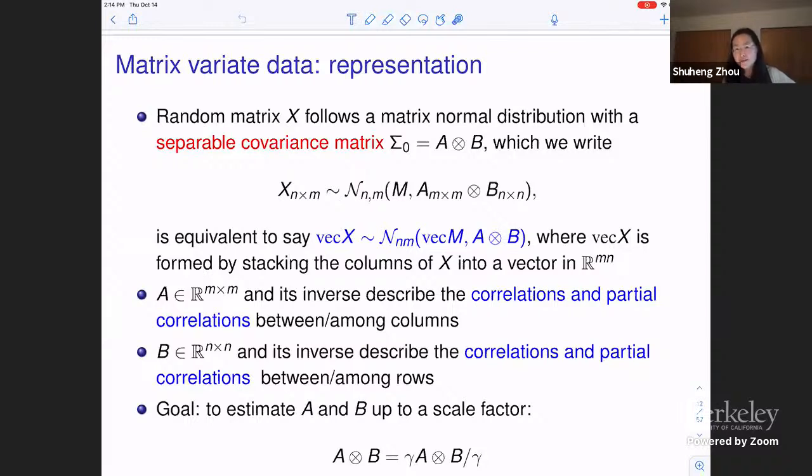And if you have replicates, then you may have dependency across replicated matrices as well. As I illustrated in the previous gene microarray study, therefore we need to model the covariance and the inverse differently from the classical theory.